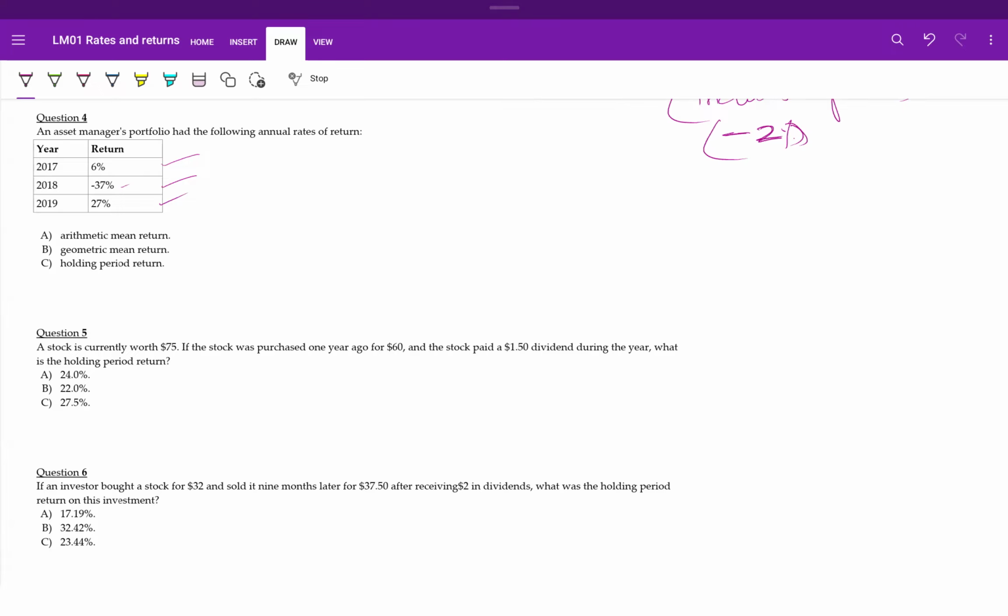Simply put, if you use arithmetic return here, it's going to be 6% plus 27% minus 37%, divided by 3. When you talk about geometric return, it's going to be 1 plus 0.06, 1 minus 0.37, 1 plus 0.27.